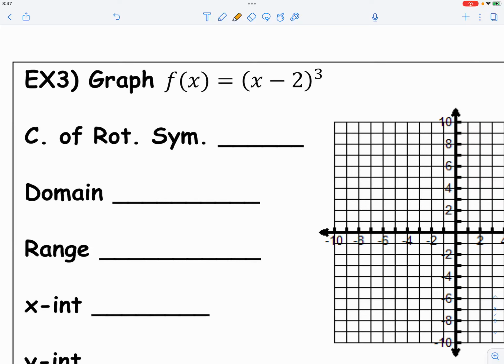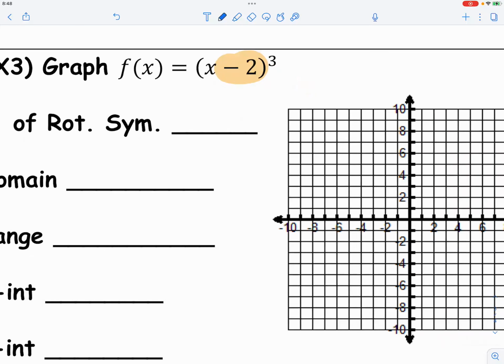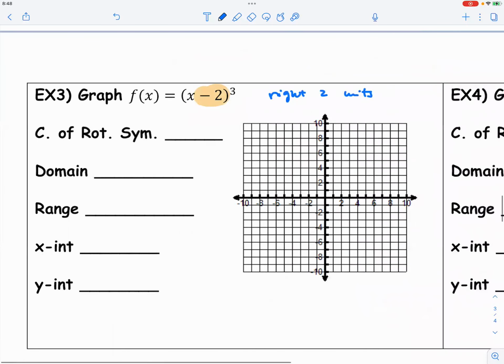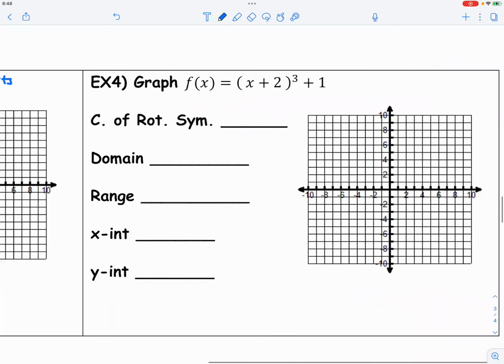With this x minus 2, that means it moves to the right by 2 units. So we can tell it shifts to the right 2 units, and you can imagine what the graph is going to be like. We'll come back to the graphing part in a moment, but let's keep going.